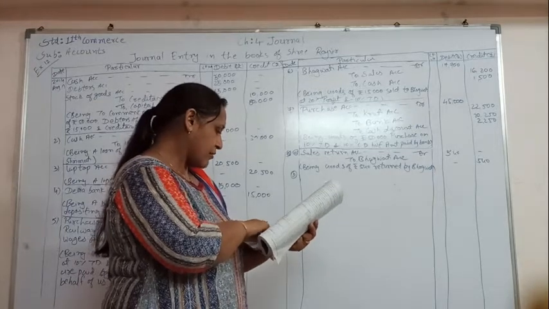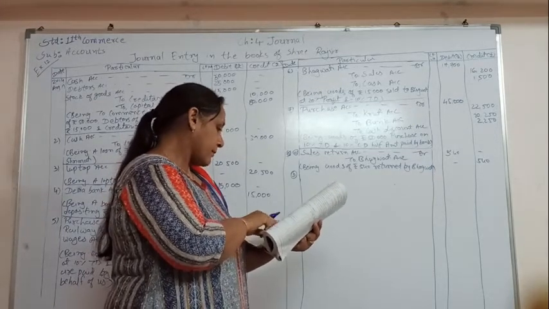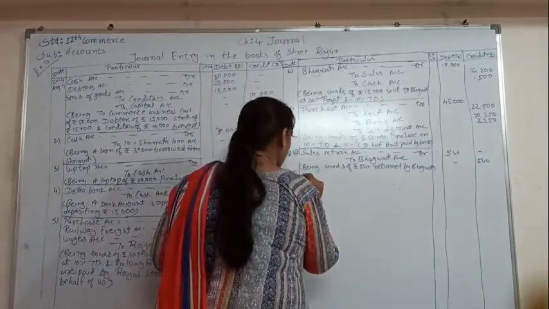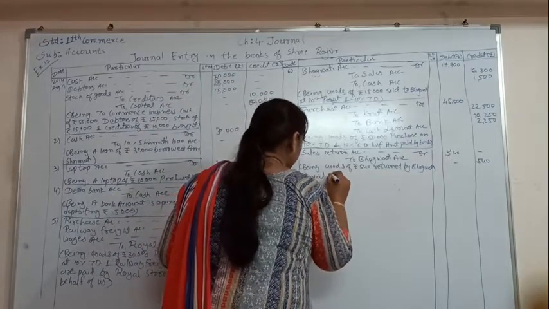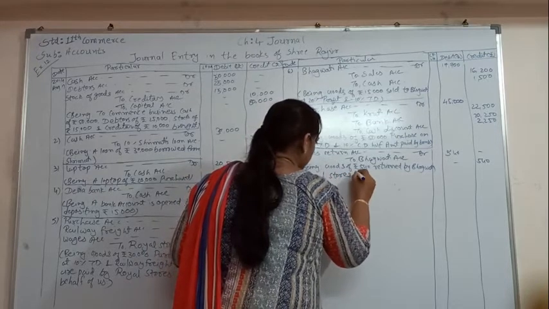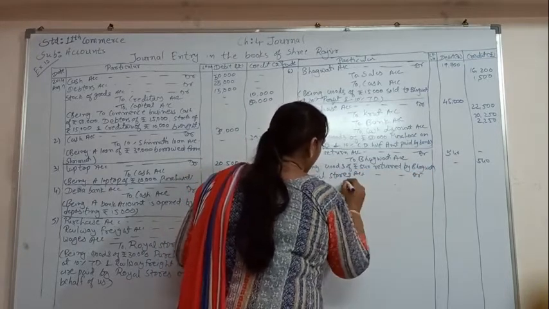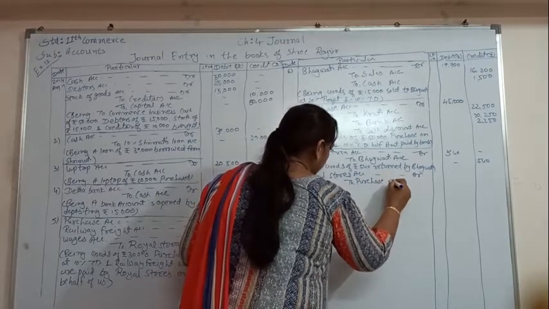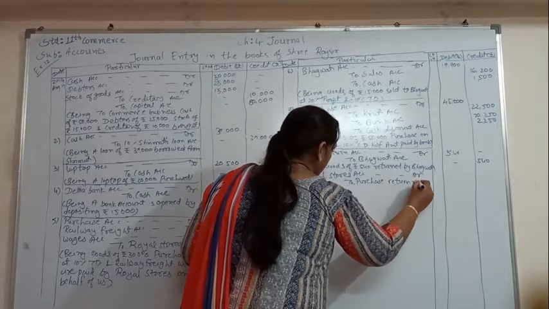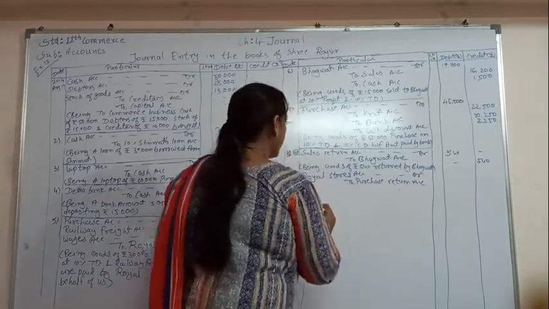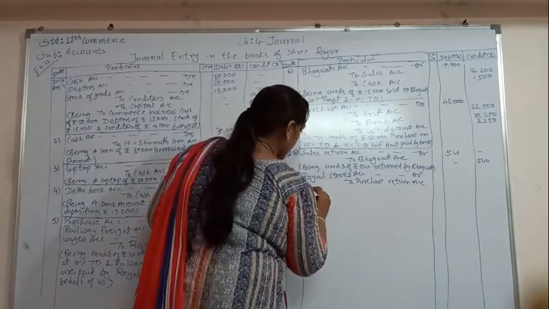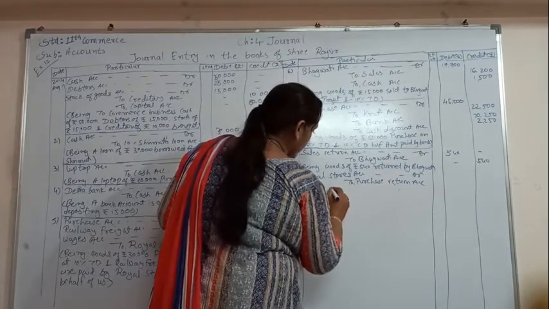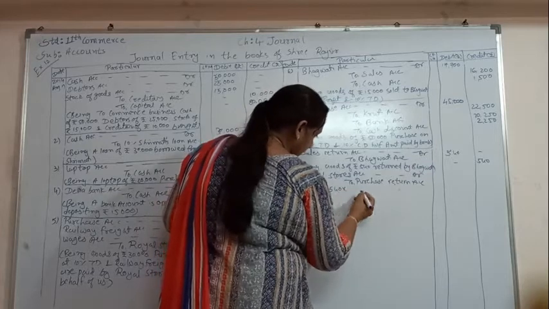We have purchased the goods from the Royal Stores. So Royal Stores account debit to purchase return account. And here, as we know, the goods is of 540 and that is of how much?